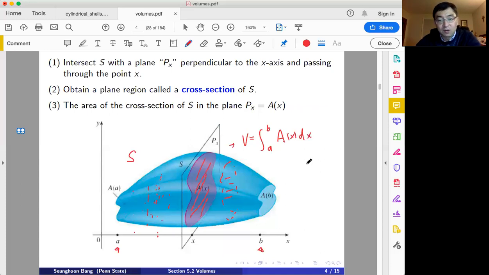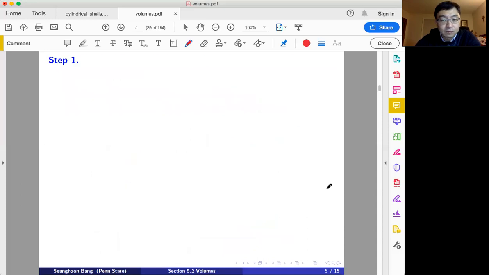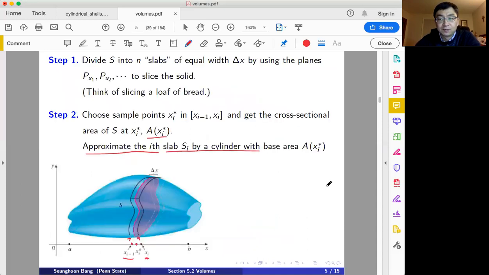This is the whole idea for finding the volume of a solid. This is the cross-sectional area of the solid S. Okay, this is the idea.